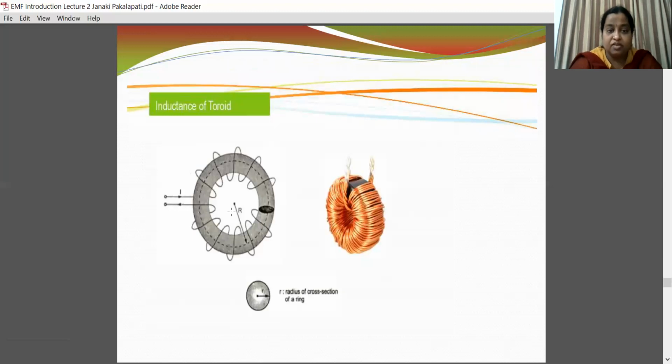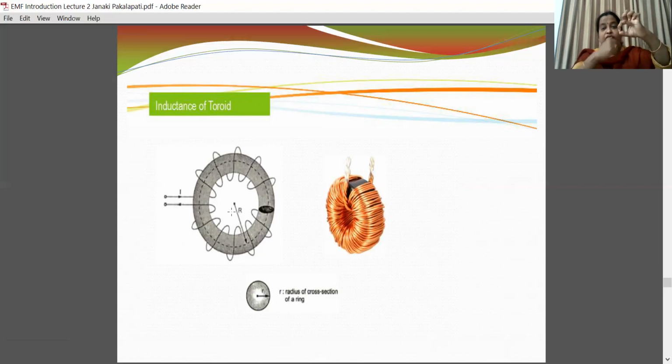And then what is this toroid? I told you already, we have discussed in the starting of this unit, the solenoid. What is a solenoid? A hollow cylinder on which a current carrying wire is wound, which develops a magnetic field. Here comes the toroid. If you consider the solenoid as a straight bar and join the edges of the two ends, it looks like a toroid, a circular shape.